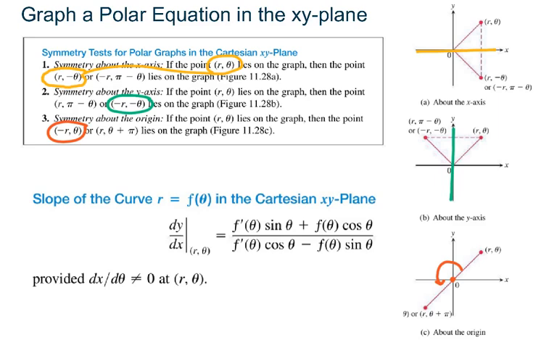So if you have a polar graph and you want to find the slope of the Cartesian graph, you can use this formula. f prime of theta times sine theta plus f of theta, the original function, times cosine theta, divided by the quantity f prime, the derivative of the function, times cosine theta, minus the function times sine theta. All right, and that works as long as the derivative of x with respect to theta is not equal to 0 at any point. So let's do an example.